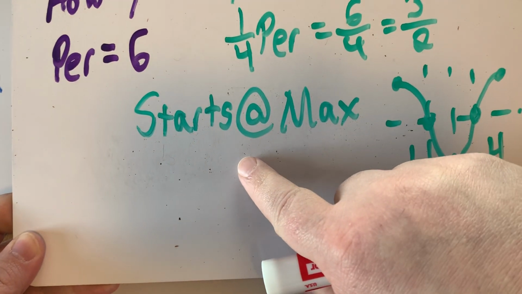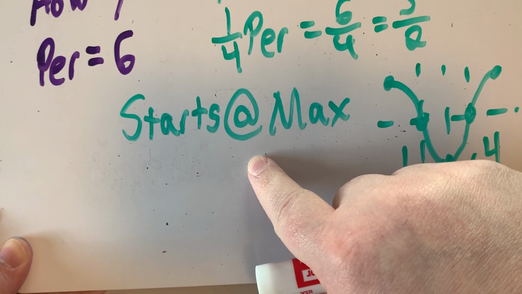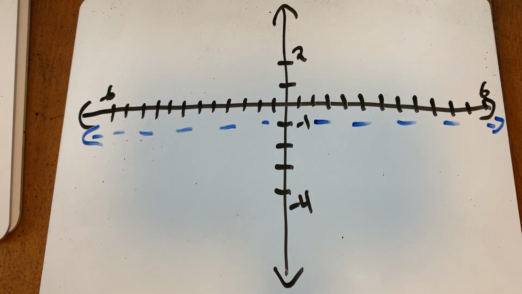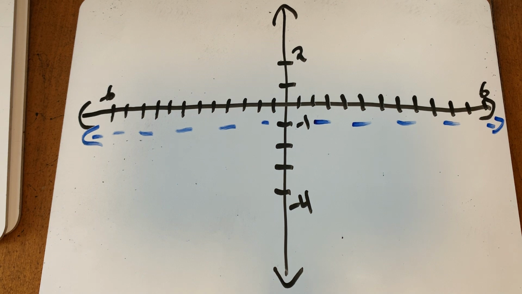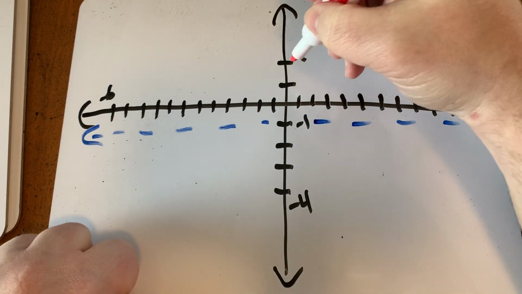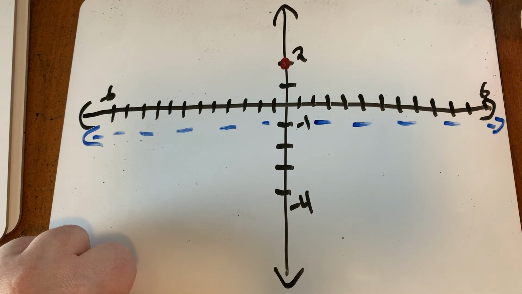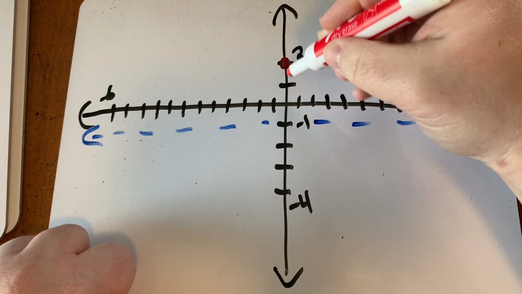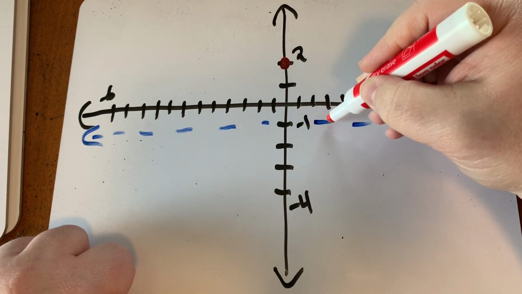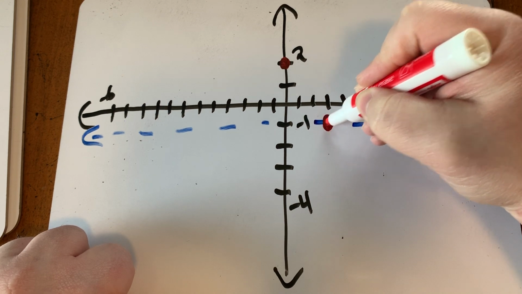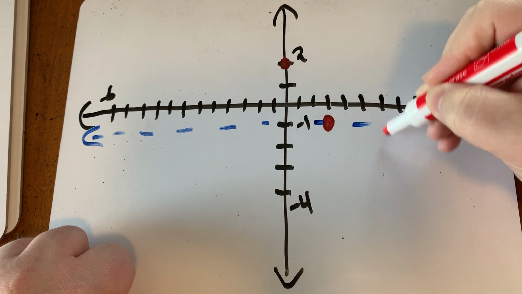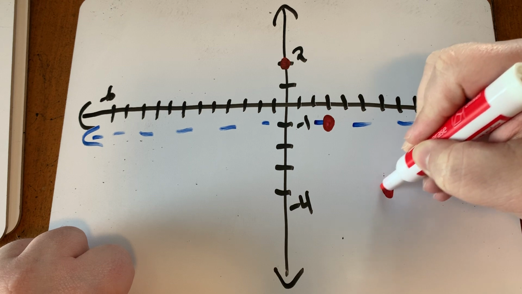It was a positive cosine, so it started at a maximum. So this curve, we're at the maximum. Then a quarter of a period later, so 3/2, we're at the axis of the wave. Then a quarter of a period later, we're at the minimum.